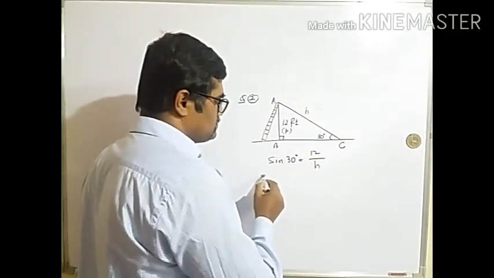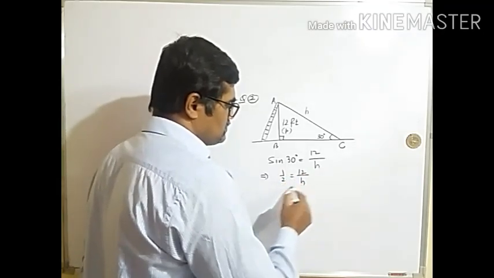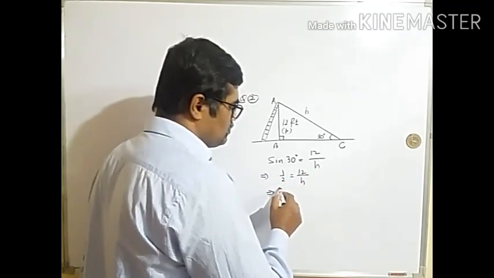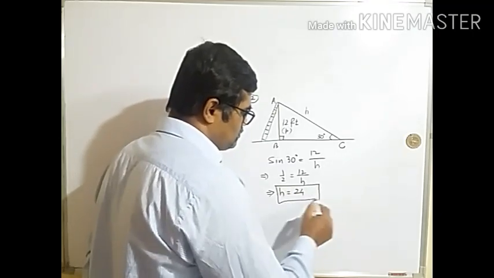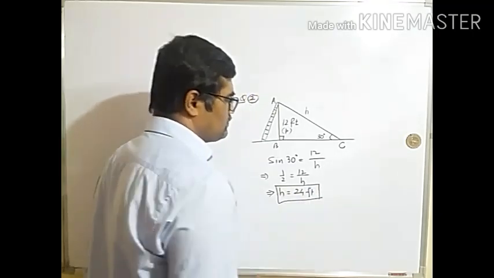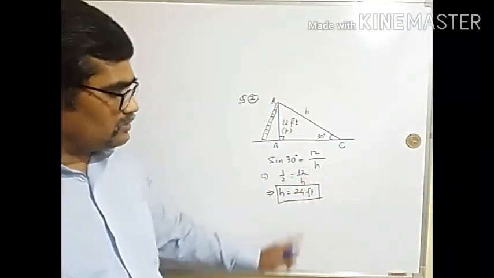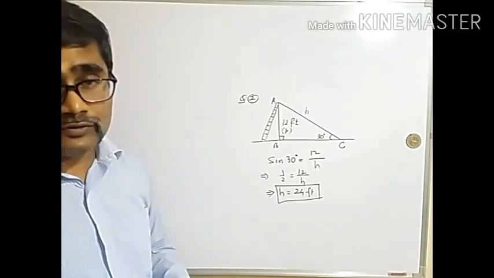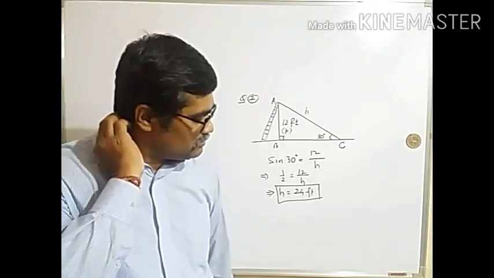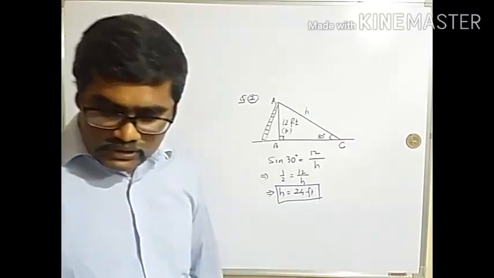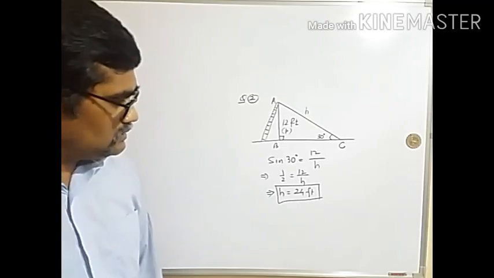This is H. Sine 30 is half. This is 12. This is H. Go for a cross multiplication, and then you come up to this. This is 24 feet. So for this, if you have any option, your answer will be 24 feet. Okay. Take a little time and just see whether you are clear about this particular concept or not.